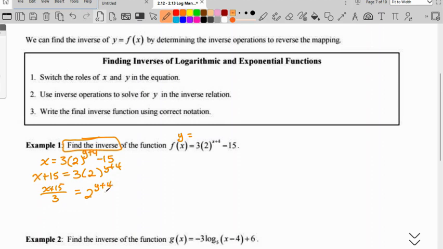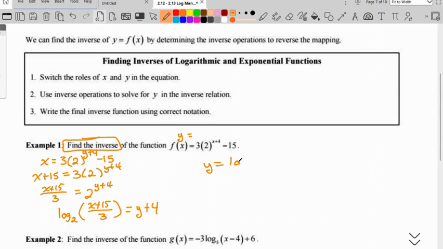Okay, and now we need to rewrite it in logarithmic form. That's going to be log base 2, because 2 is my base being raised to a power of y plus 4, equals x plus 15 over 3. Look at you guys, you're so good. And so the last step to get y by itself is subtracting 4.